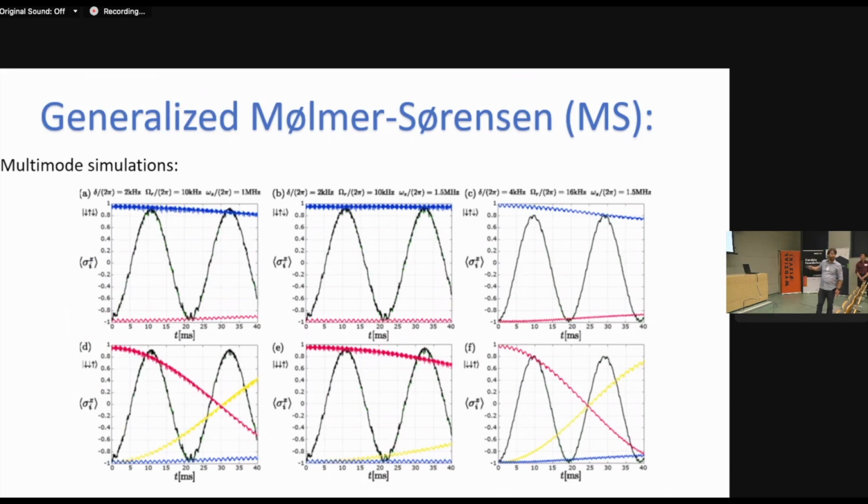And if they don't go to 1, then there is Stark shift. So here there is some Stark shift, but in this case it's not very much. That depends mostly on the choice of the detuning, and of course you cannot make the detuning infinitely small, so you have to be sufficiently detuned to avoid that.